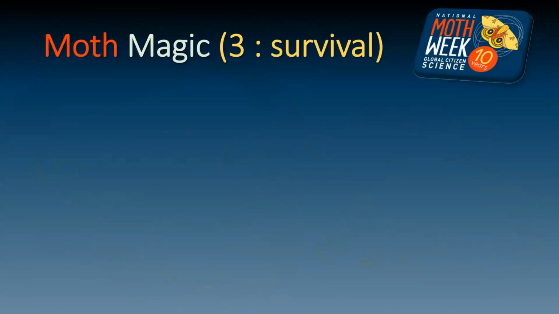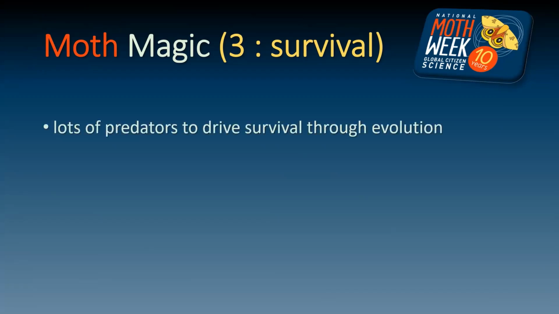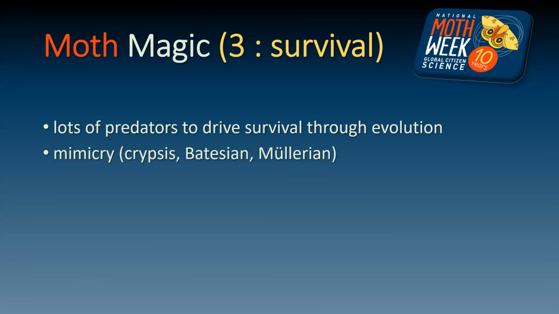So, summing up then, survival strategies. These strategies are all driven through the diverse array of predators that the moths face. Mostly they rely on mimicry, through mimicking the background, crypsis, or mimicking something distasteful when you're not poisonous, Batesian mimicry, or forming part of a Müllerian mimicry ring where everybody in that ring is poisonous.